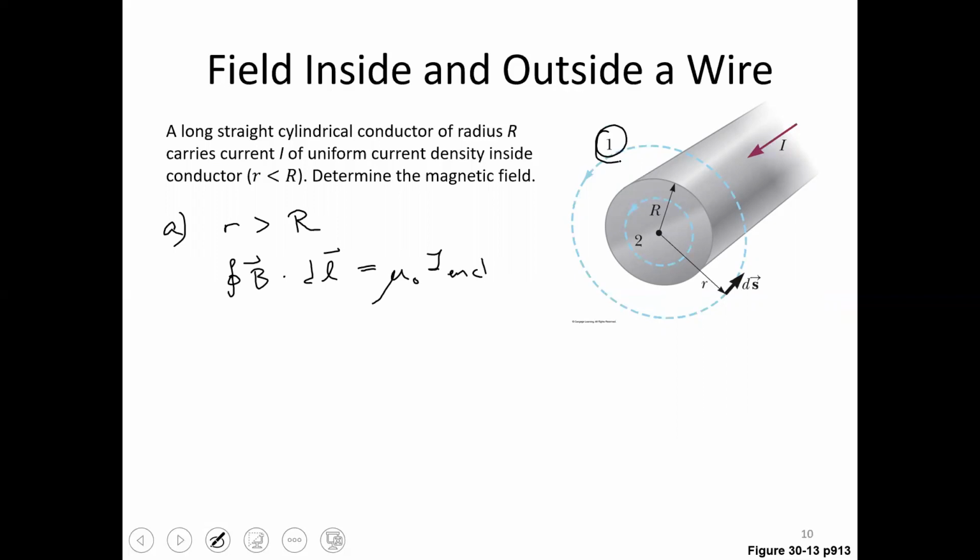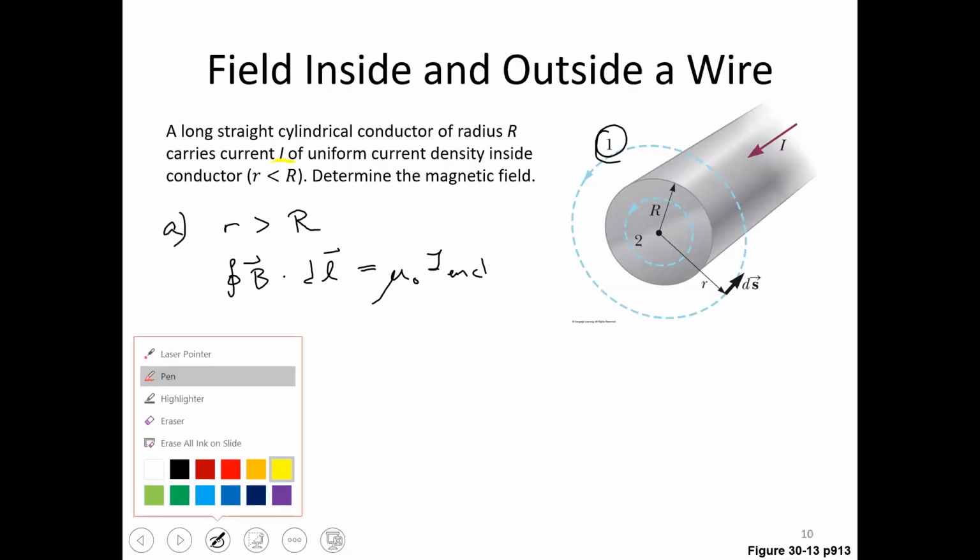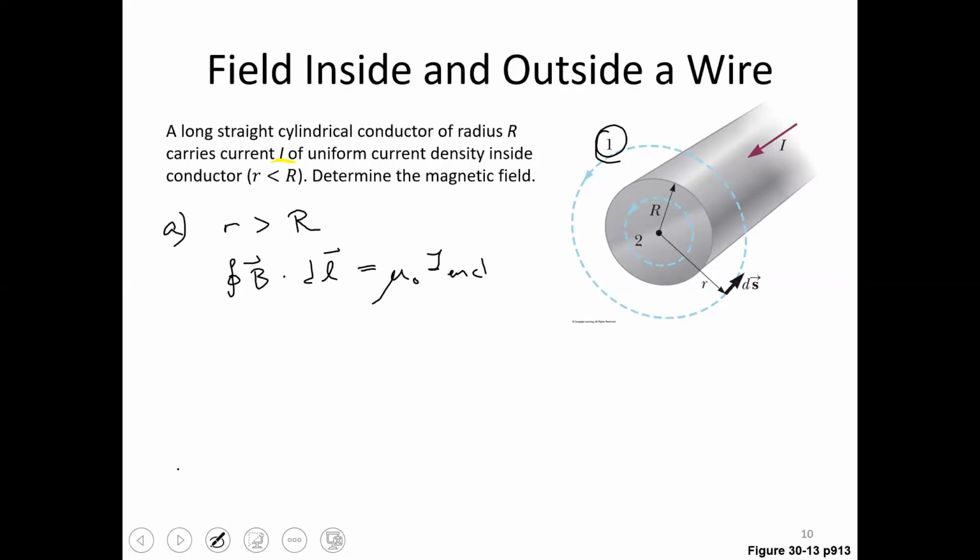And I'm going to use this Amperian loop, as it's called, this path that's labeled number 1 here. For this path, the I enclosed just happens to be the total current I that is described in our problem statement.